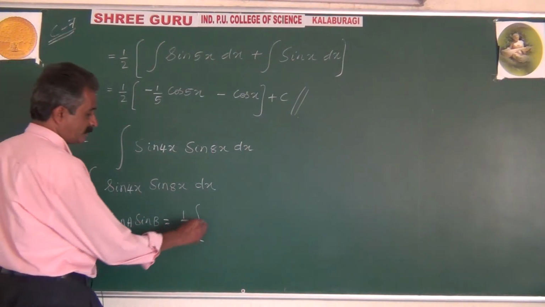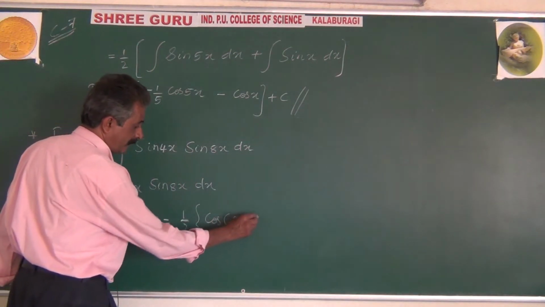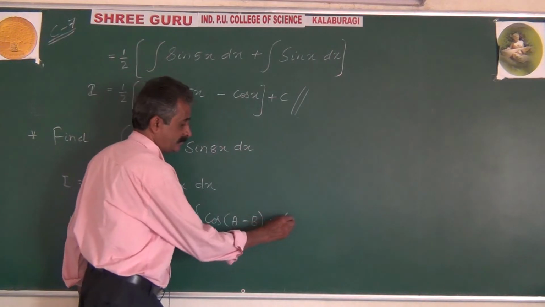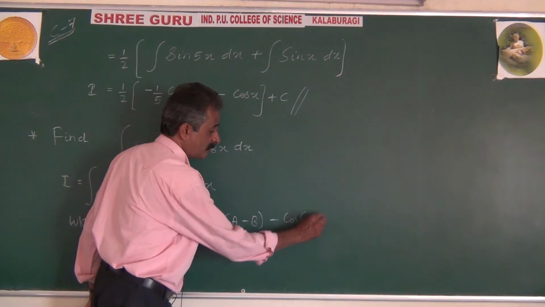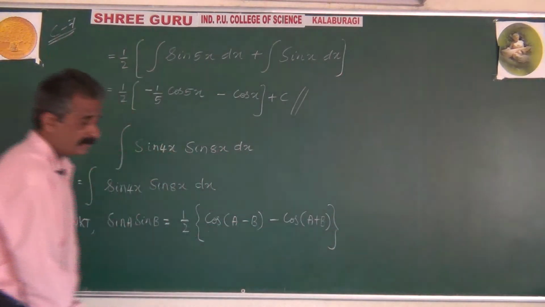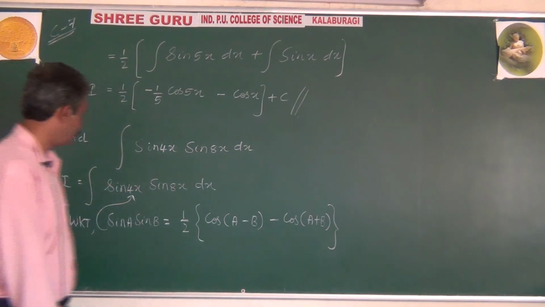So it is 1 by 2 cos of A minus B minus cos of A plus B, or it can be used with minus common, minus of cos A plus B minus cos A minus B, nothing wrong in that. So let's use this formula on this occasion. There is no other method at all.